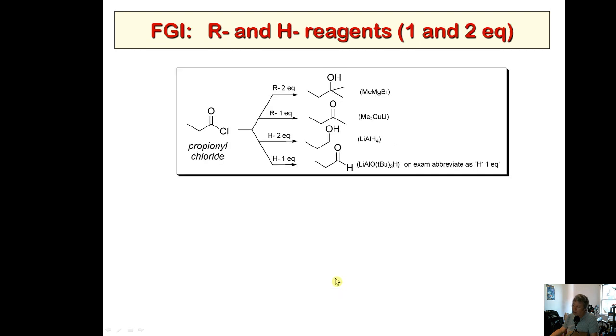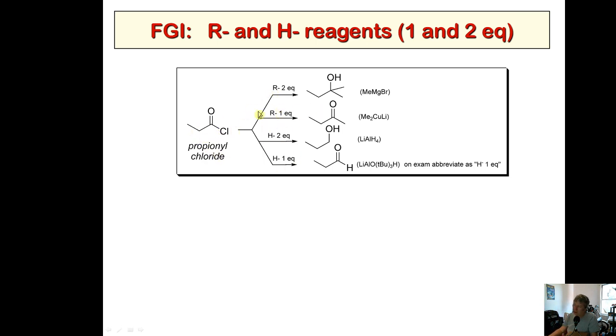mechanism. Okay, so now we're showing the R minus and H minus, 1 and 2 equivalent versions of all these different reactions. So this is acid chloride, and what we're showing here is the idea that you can either add two carbon things or one carbon thing, or two H's or one H, depending on which reagent you use, very nicely with an acid chloride.